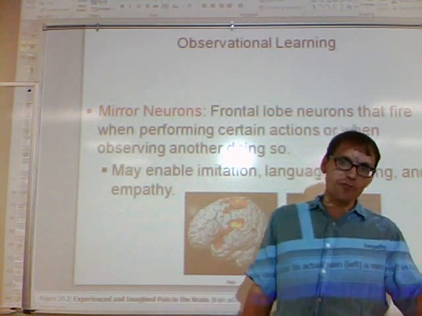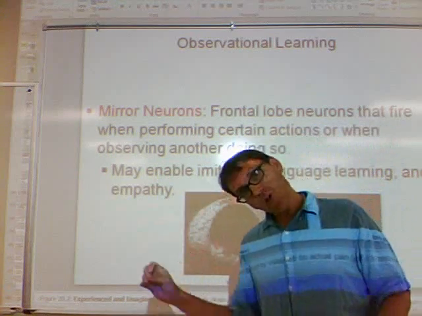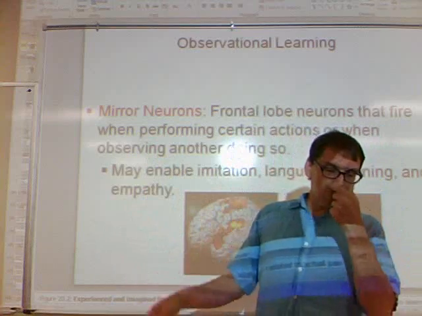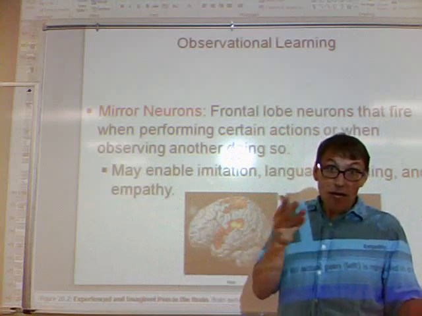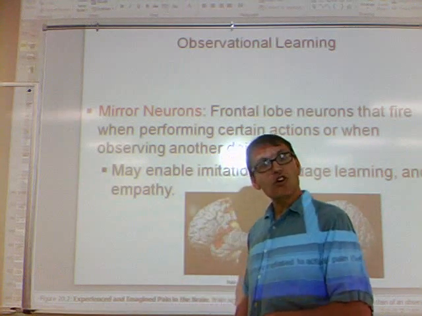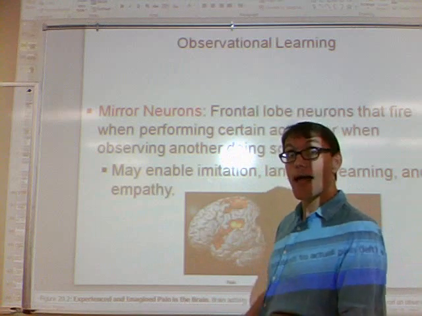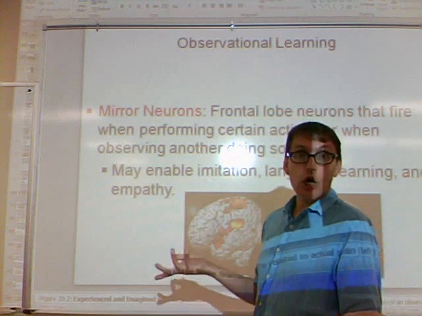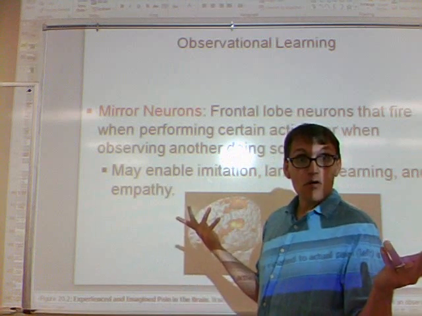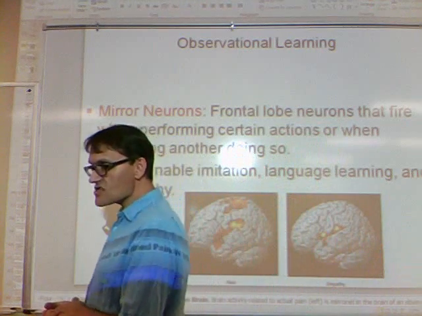The older birds go chirp chirp, and they go chirp chirp, and then they build a real complex song. That's how baby birds learn. However, baby birds can't really learn algebra through social learning. They can't learn how to drive a car through social learning. There are huge limitations.